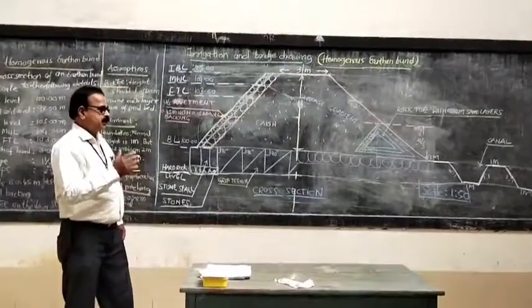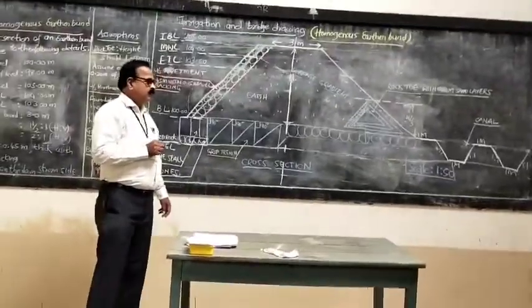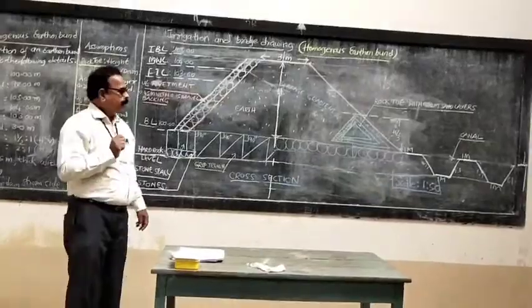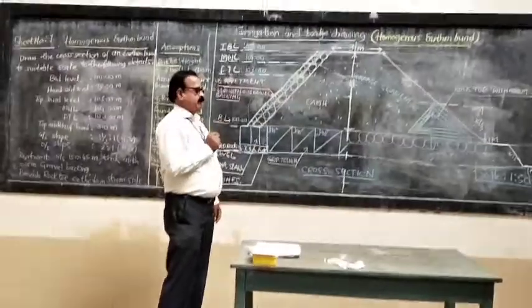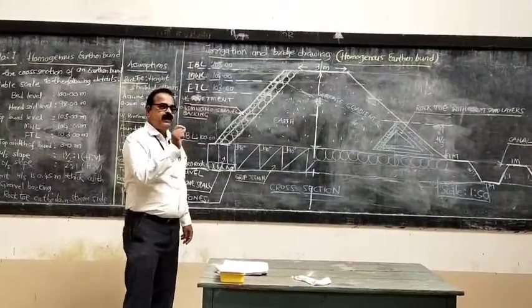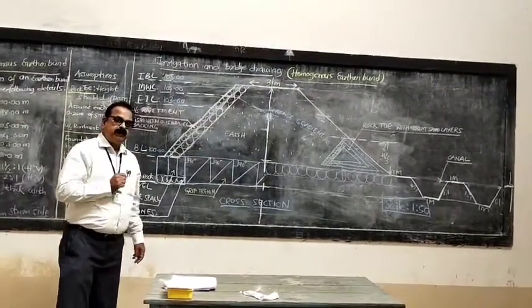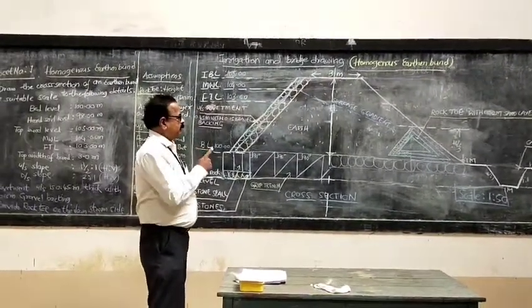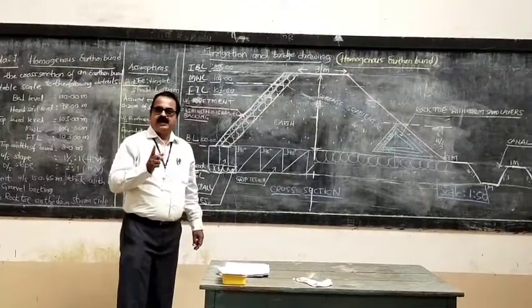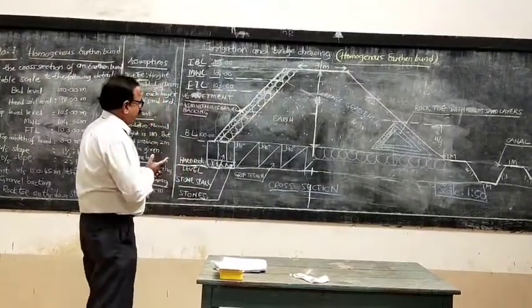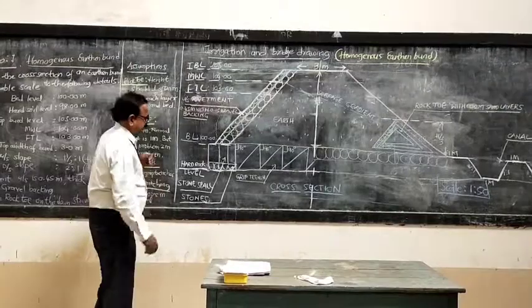If you take 1:100 scale, that will be only 5 centimeter in the drawing, and if you take 1:200, that will be hardly 2.5 centimeter. Therefore you have to take 1:50, which is the double scale, and the height of the dam will be 10 centimeter.